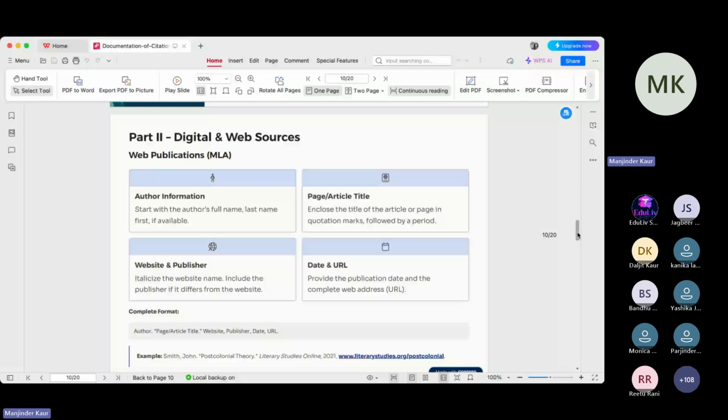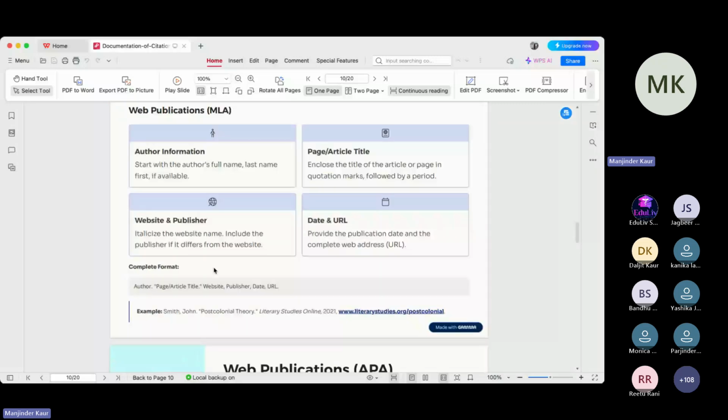Let's take the example, author, right, of that particular article, followed by period, then in double quotation marks, the page / article title. If the article title is not there, then the page, followed by the website in italics, the publisher, date, and the URL. Are we able to understand?